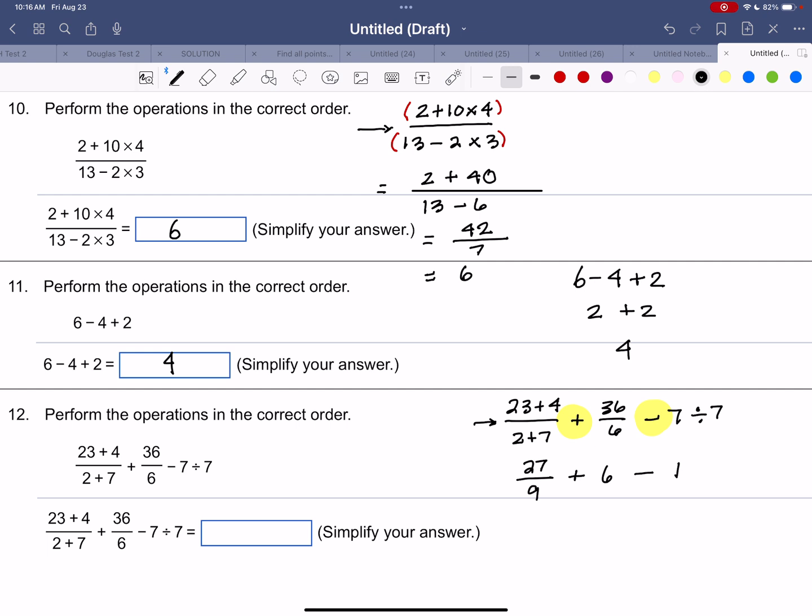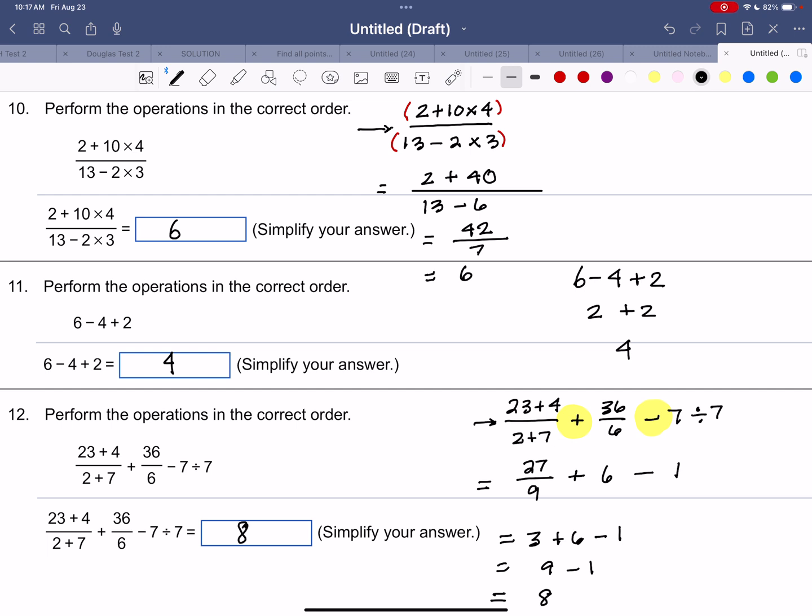But you've got to show more than just the answer to the problem. So 27 divided by 9 is 3, plus 6 minus 1 is 9 minus 1, which is 8. So 8 is my final answer.